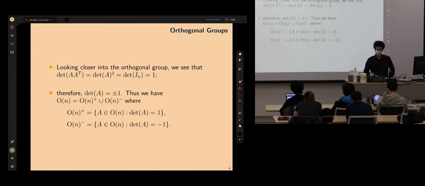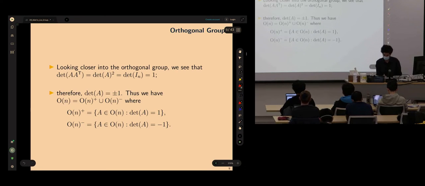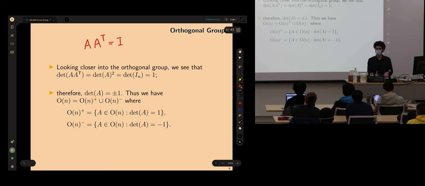All right, one observation here is that the orthogonal group is giving us A transpose A equals the identity matrix. Take the determinant of both sides of this equality, and what we get is determinant of A squared equals 1.